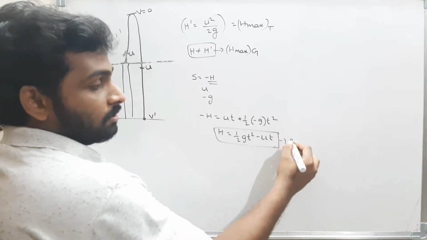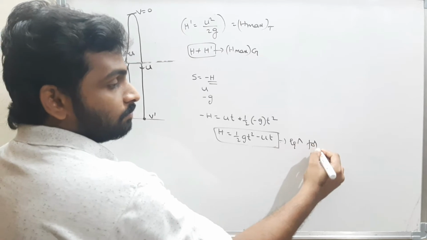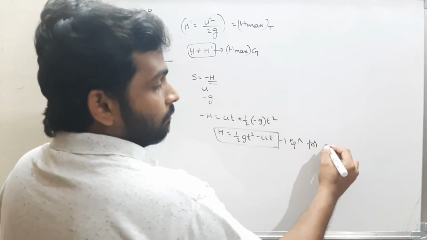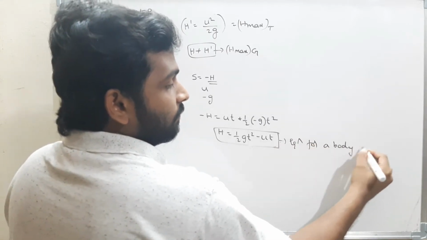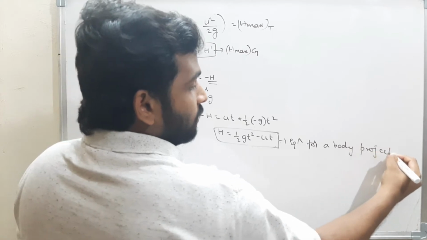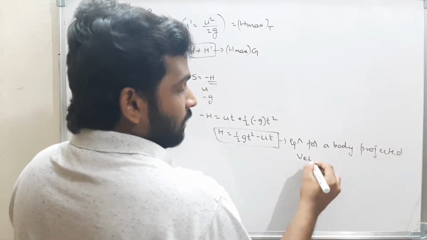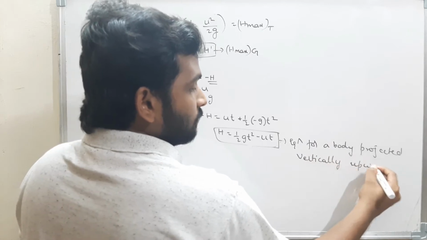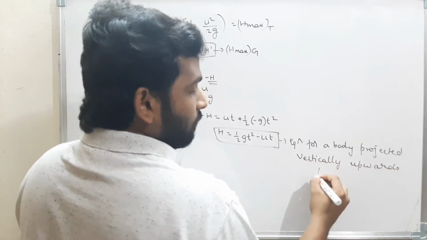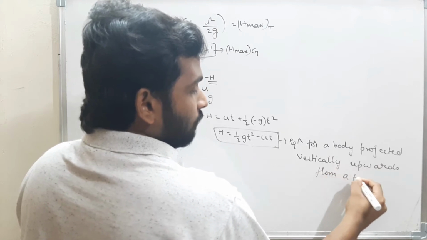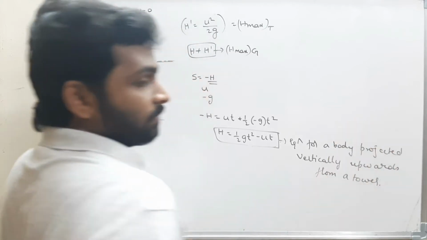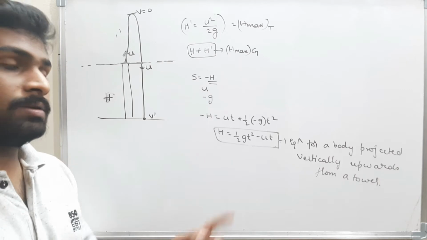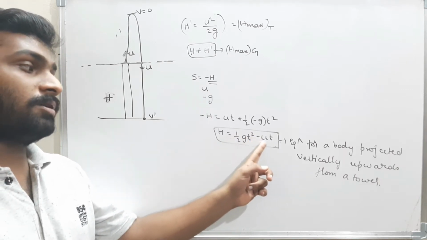Now this is the equation for a body projected vertically upwards from a tower. Please remember the equation: h is equal to half g t square minus ut.